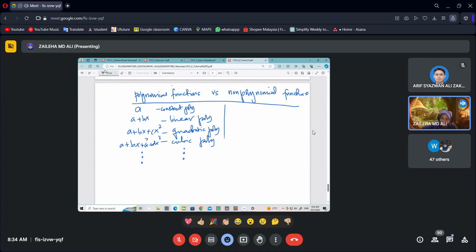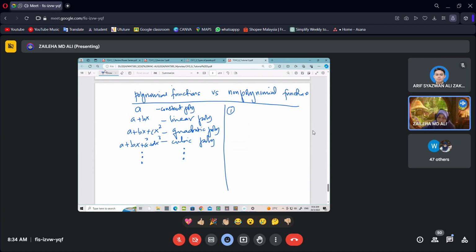Okay, now we are looking at keluarga non-polynomial function. What are they? Bukan keluarga polinomial. Ada banyak keluarga yang non-polynomial function. Contoh, keluarga pertama.